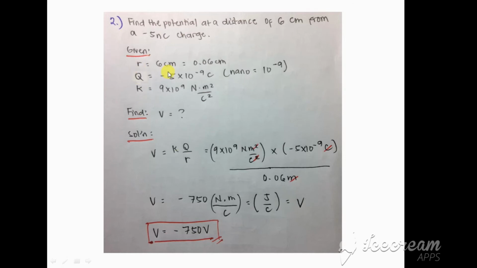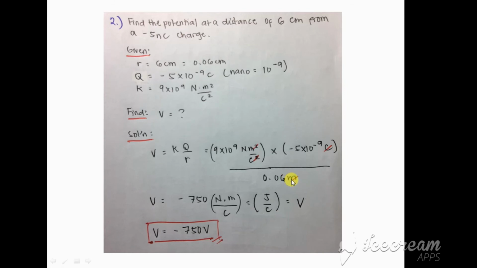The given R is 6 centimeters. It is the distance, and the distance should be in meters, so you have to convert it. So it's 0.06 meters.